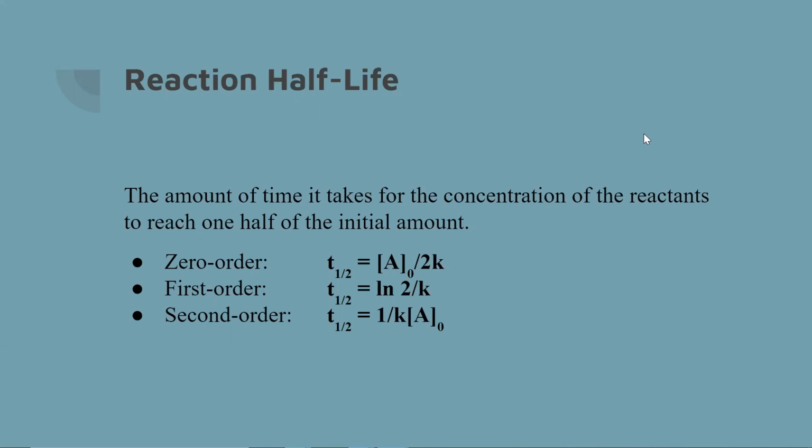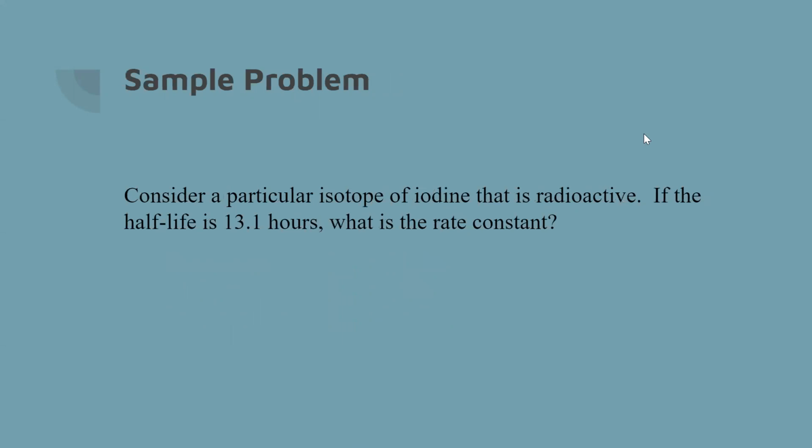And for a second order, the half-life is equal to 1 divided by K times your initial concentration of whatever reactant. So these are more or less plug and chug equations that you can just go ahead and plug things into. So let's look at this first sample problem.